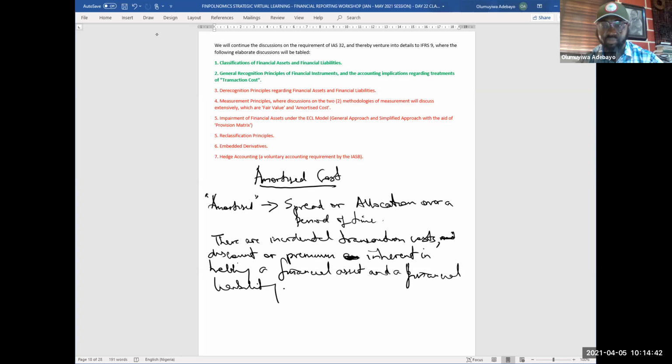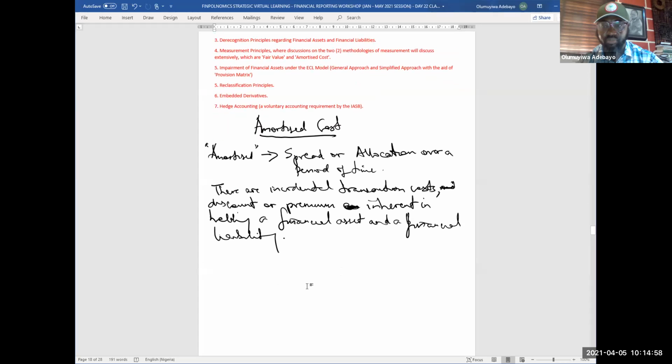Now, let's give examples. If you buy a bond, you incur transaction costs. At least you incur brokerage.